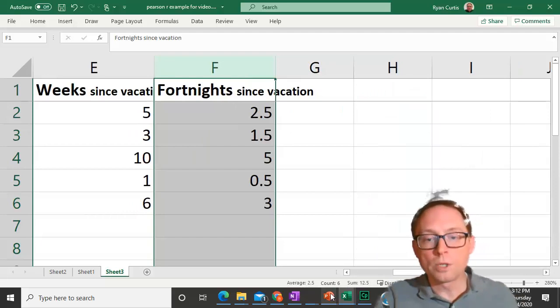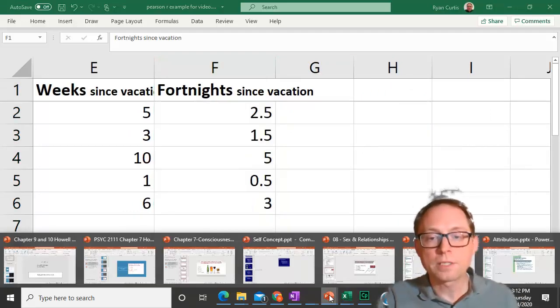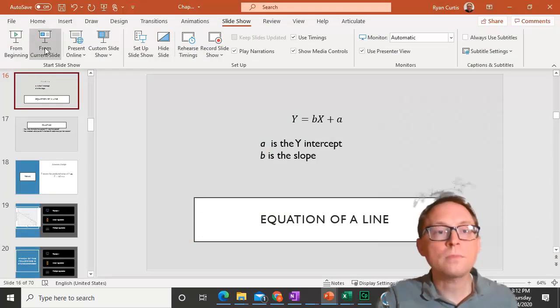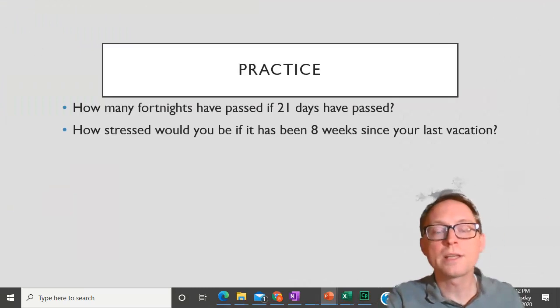I want to know, and let's go back to the slides to talk about this, if 21 days have passed, how many fortnights do I have? So how many fortnights have passed if 21 days have passed?